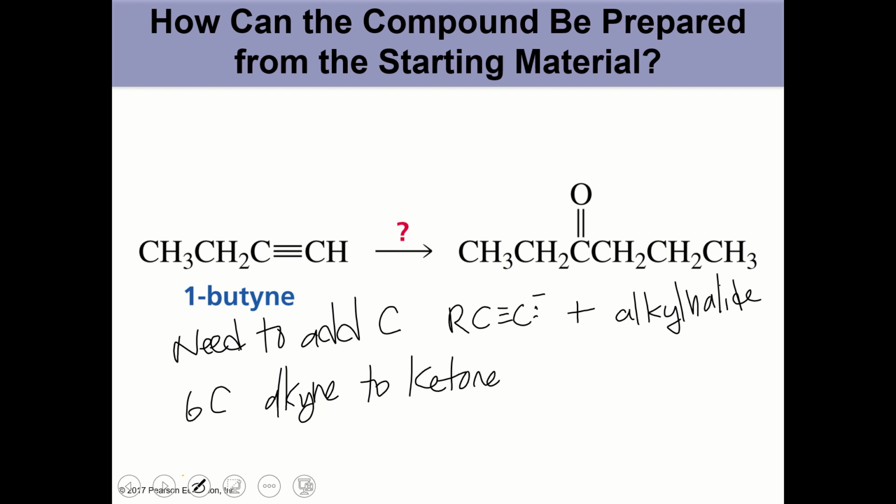And since that alkyne will be a terminal alkyne after we add carbons, we have one of 2 methods to turn an alkyne directly to a ketone.